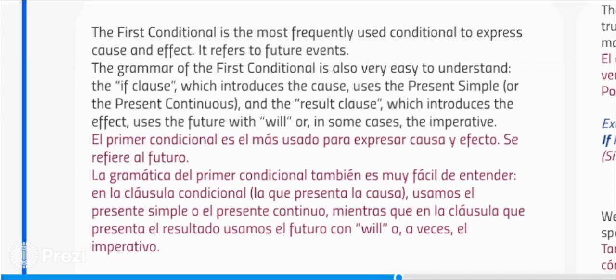The if clause, which introduces the cause, uses the present simple, or the present continuous. And the result clause, which introduces the effect, uses the future with will, or, in some cases, the imperative.